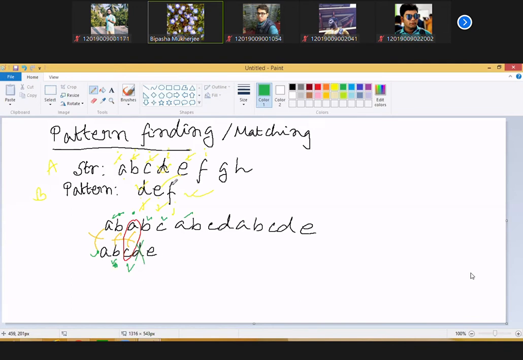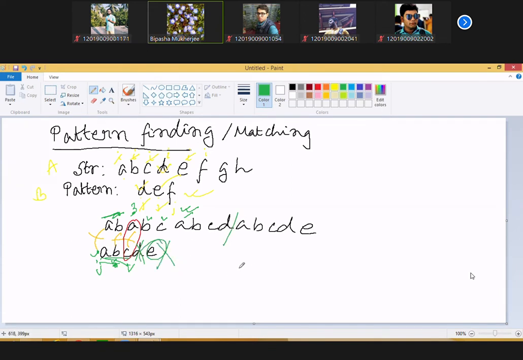Then you feel these two are not okay, so again you start from the third location. You start again and reach up to A, B, C, it will match. So after a certain number of iterations, you will reach here and start again. It will start matching A, B, C, D. Even after D, this will not match.